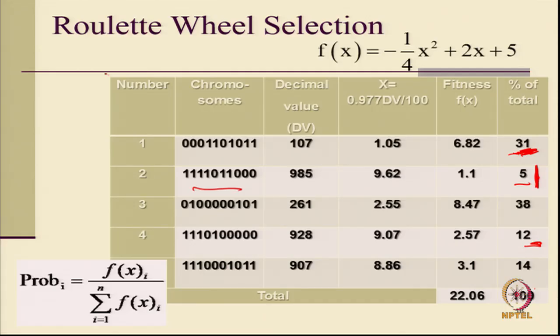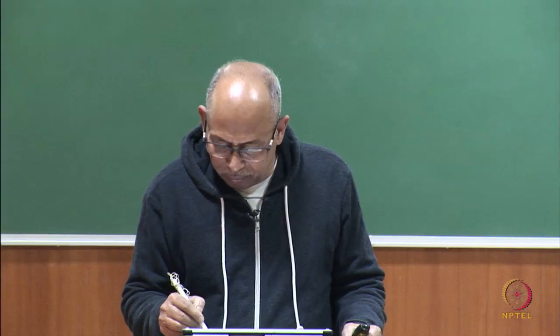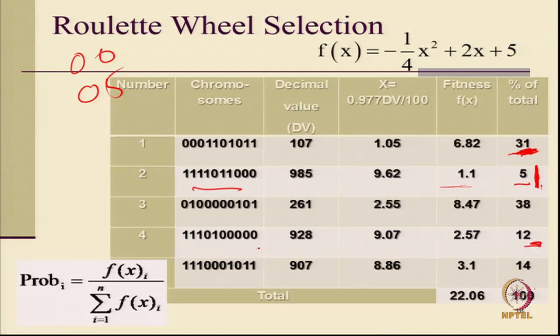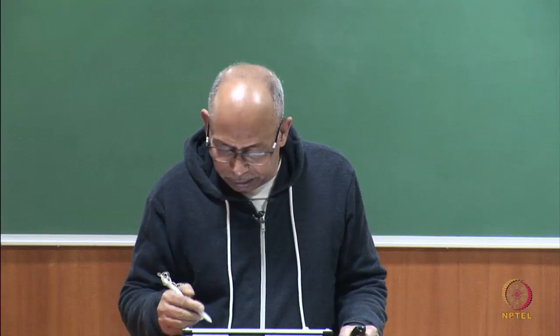So if the number is between 00 to 05, I will repeat this. If it is 5 to 17, that means 6 to 17, 5, 12, 5 plus 12 is 17, I will repeat this number, because I have to generate more population.